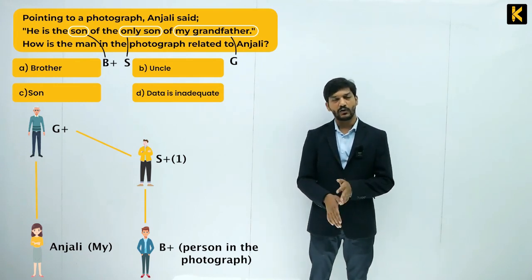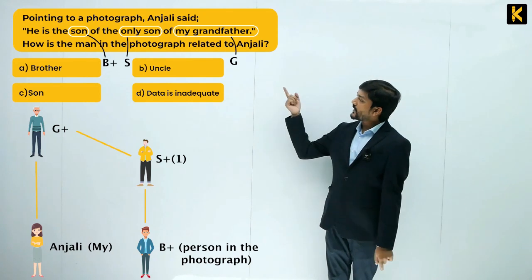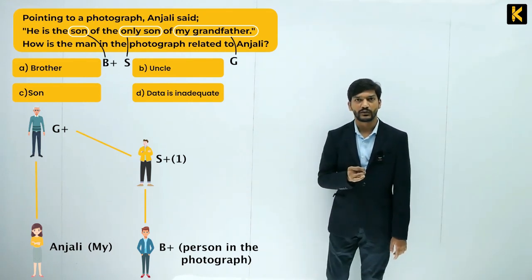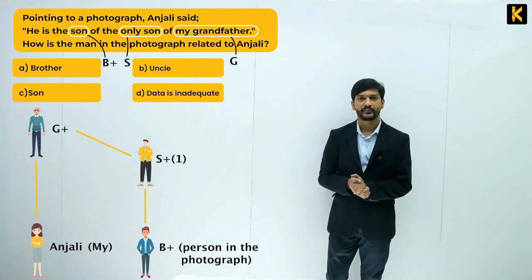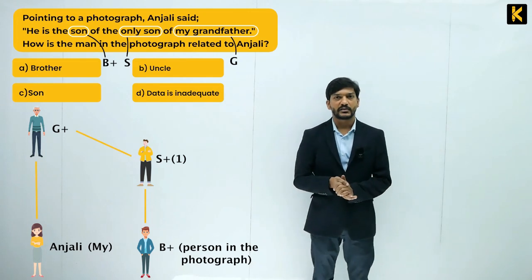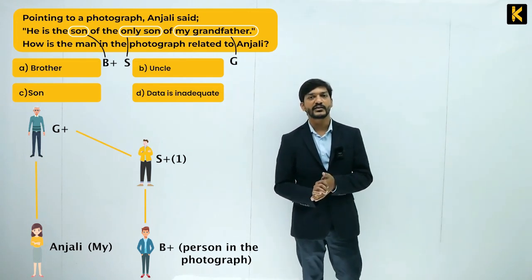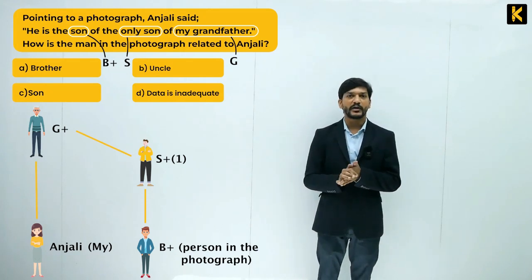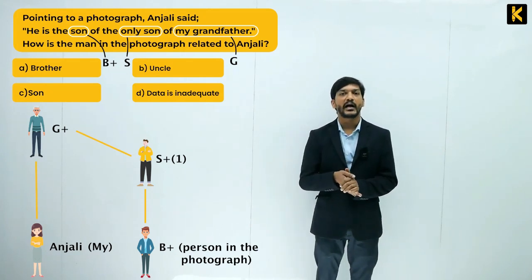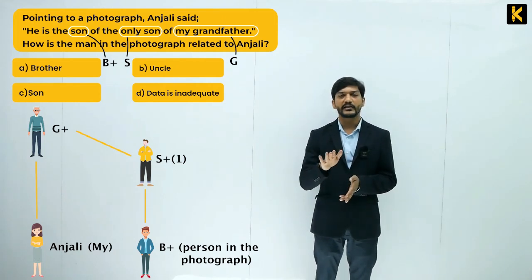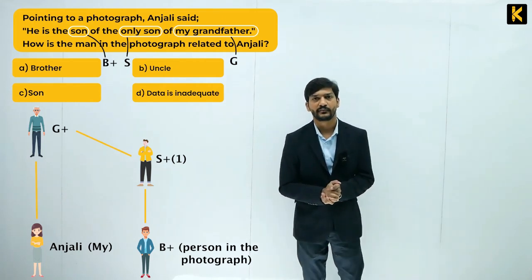For the complete statement we have drawn the diagram. Okay, complete diagram. Now answer please. Find the missing relations. First tell me what is the relation between the person S and Anjali.